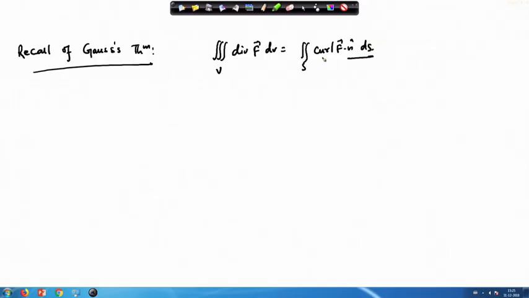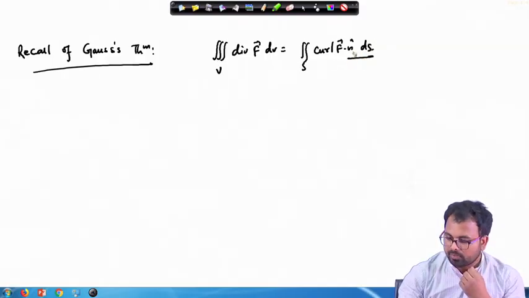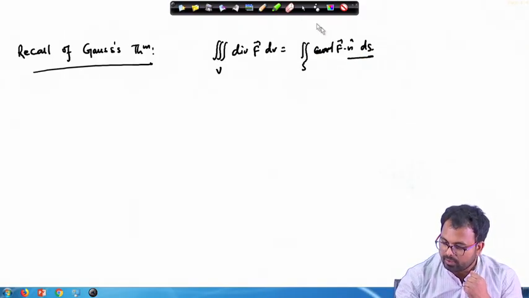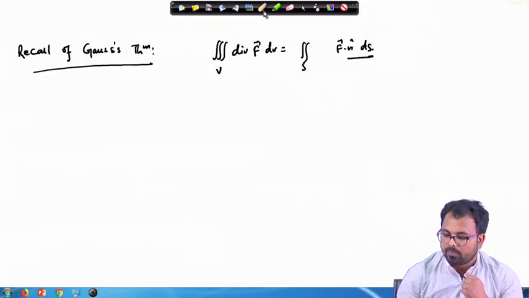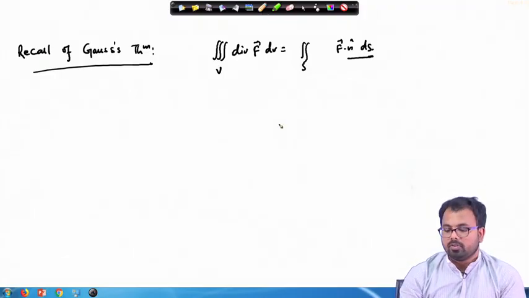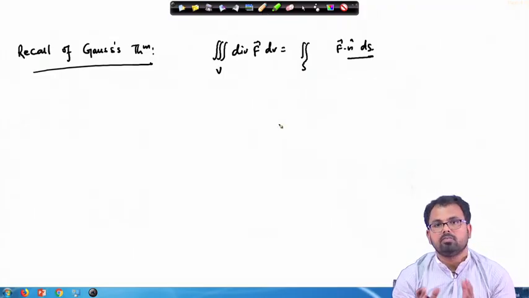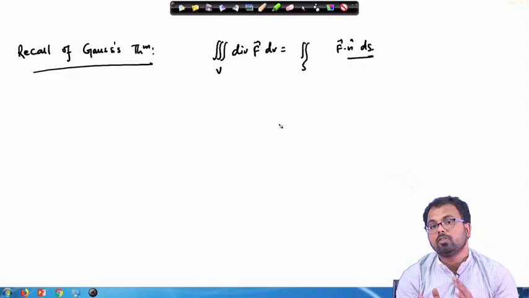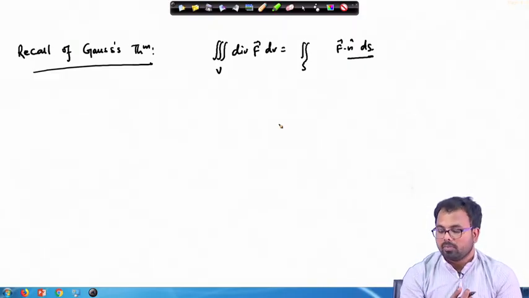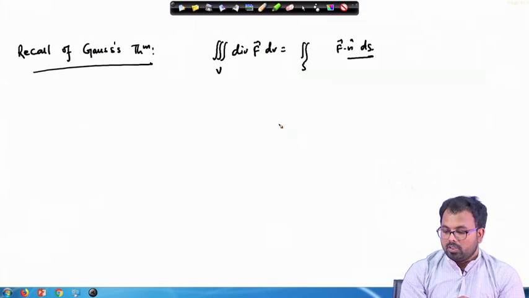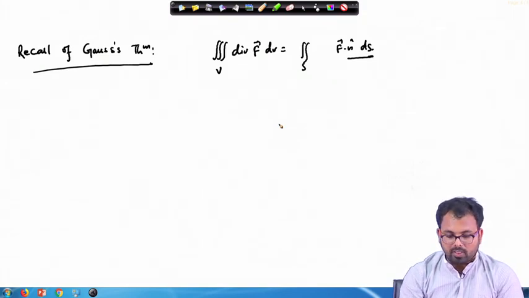This is our Gauss divergence theorem. With its help, if you are asked to evaluate a surface integral, you can just convert it into a volume integral, and things will become very straightforward. So, we will solve one example based on this theorem.